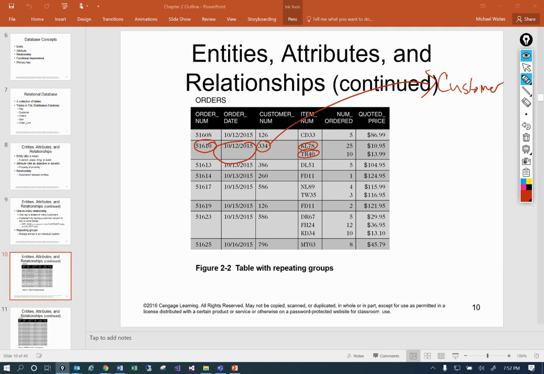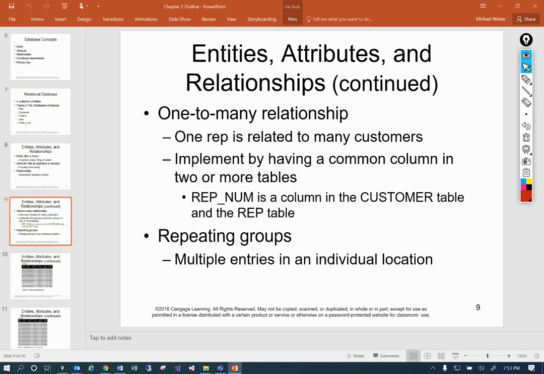If you'll notice in this table, which by the way I'm telling you right now is a table you're going to need, this version of this table you're going to need to understand because of this right here where I'm repeating data. These are the repeating groups that we were talking about back on this table. Let me go back. I'll have to erase all this, but let's go back for a moment.